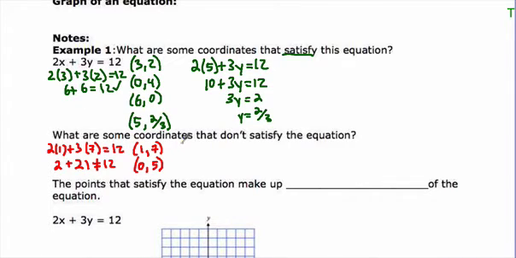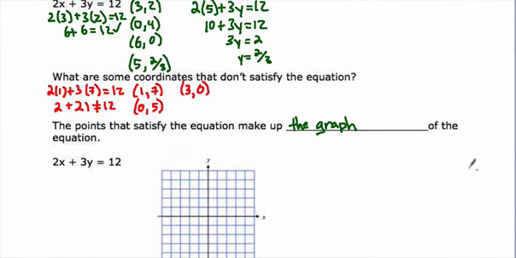Okay, using that same strategy, how about when y is 0, could I use something other than 6? Well, yeah, if I put something other than 6 in there, it's not going to work either. So there we go, (0, 3). All right, so now we're getting to this statement really. The points that satisfy the equation make up the graph of the equation.